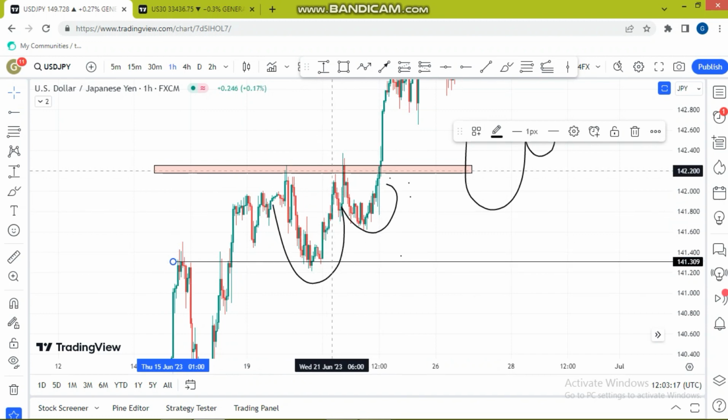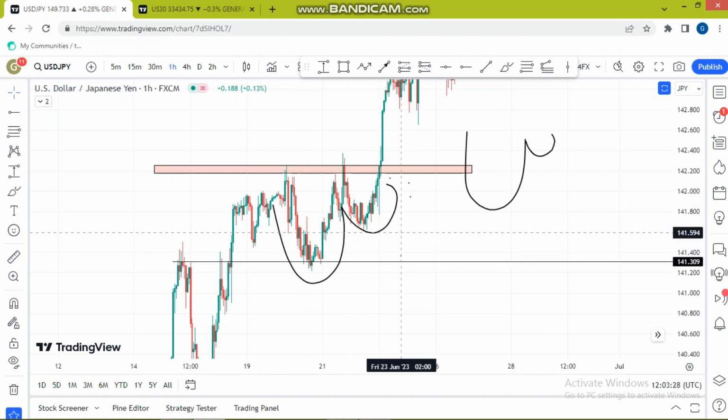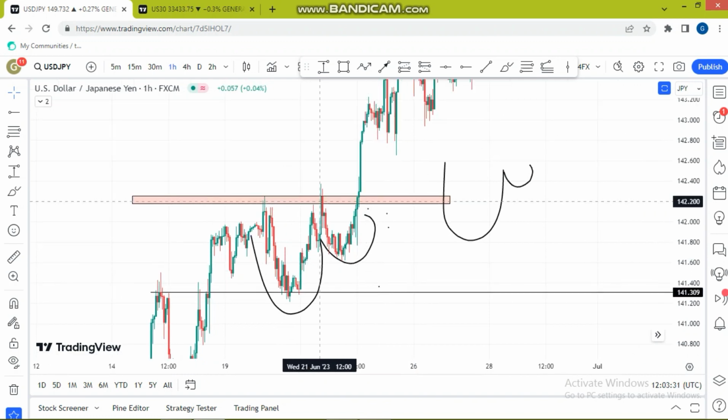But when price got to the same resistance area, normally price is supposed to sell off to the same area if this is a strong area and if the sellers are in the market. But price didn't. On the last attempt at breaking out, price stopped somewhere here, and price broke out strongly.